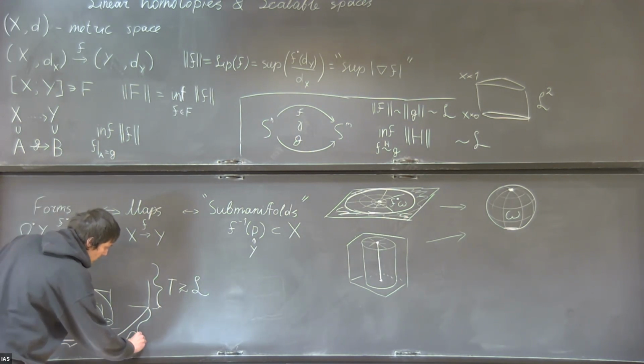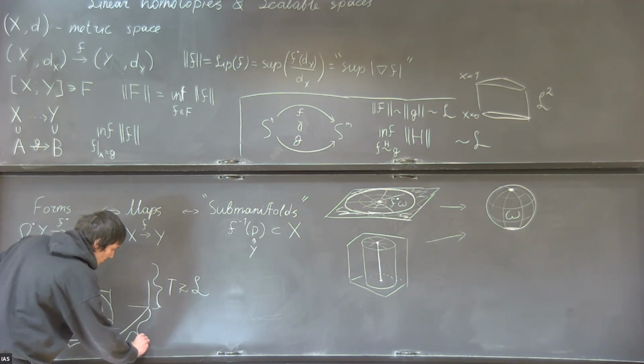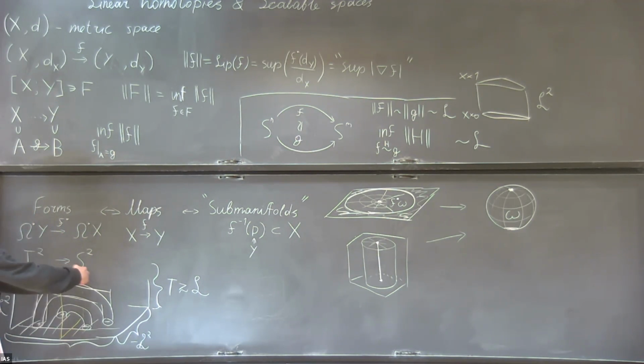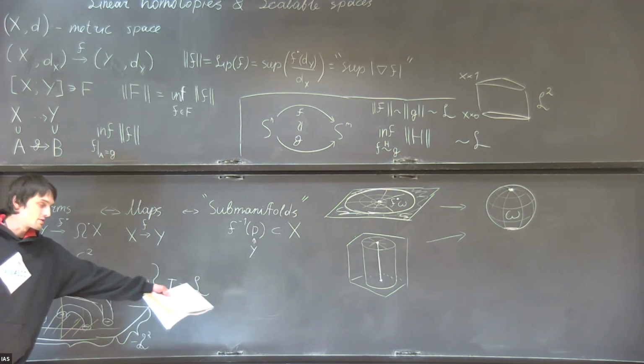Here I have something like minus L squared. Then on this cross section, the degree should be equal to that degree because we transferred here. And so we know that L times T is at least L squared, so the time is at least linear.